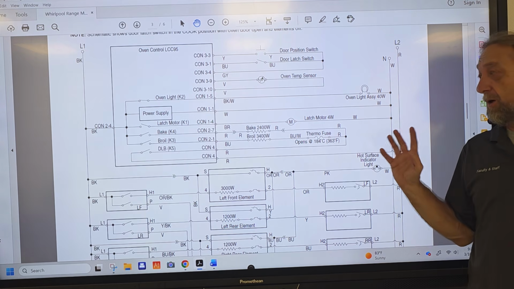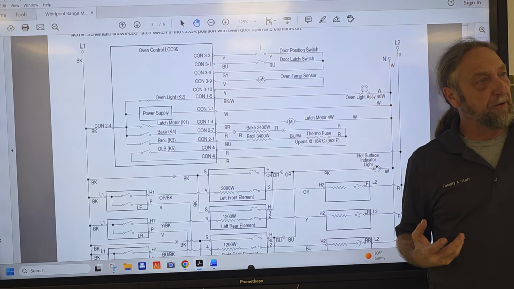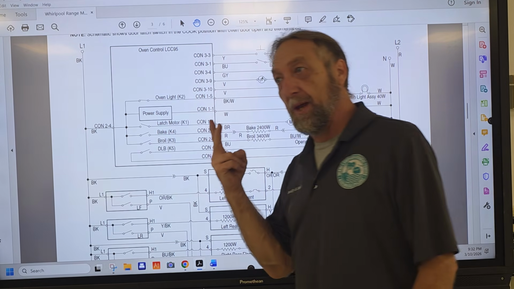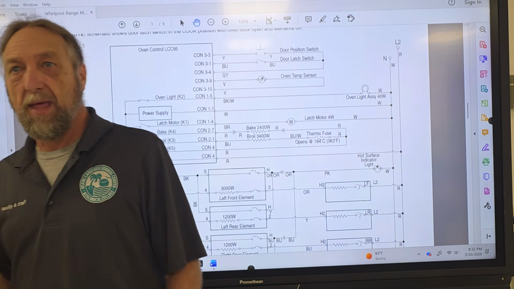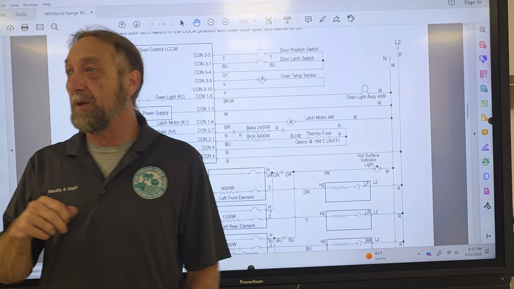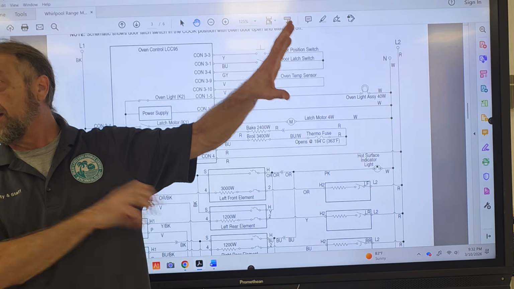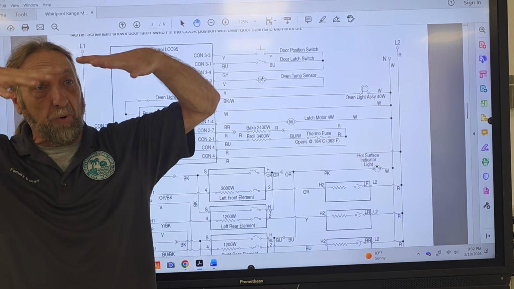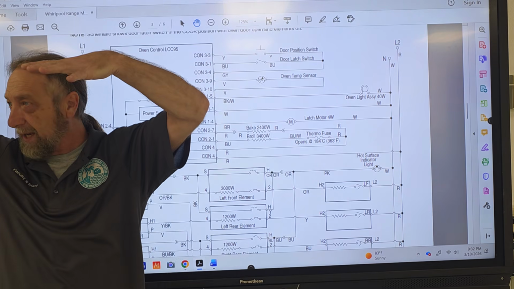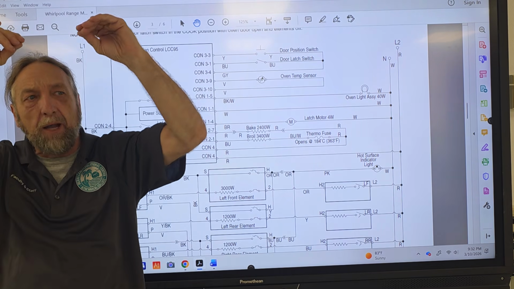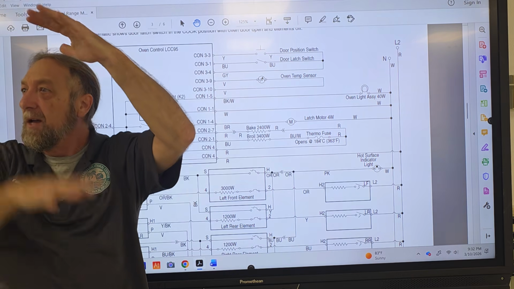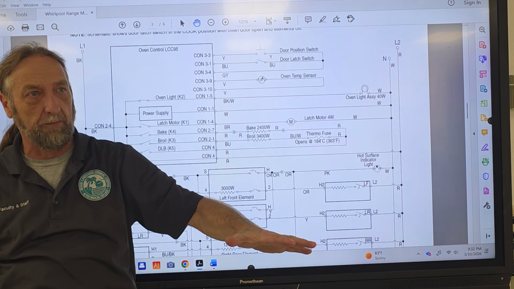But going back to the bake, a lot of ovens, when they bake, use both bake and broil. Now, the mechanical oven, sometimes when you went into bake, would put 120 volts to the broil and 240 to the bake, because we didn't want to burn the cakes or the cookies we're baking, but we wanted an element on top to add some heat so the oven has more even heating.